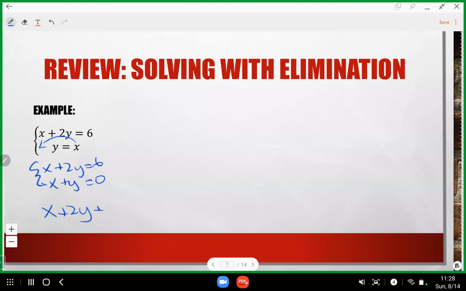If you add this side of the equation to this side, we also need to add this side of the equation to that side, because they're equal. If you add a value to one side, you have to add the equal value to the other side. But since x plus y is going to be equal to 0, you're still going to need to plug that in. You're going to add it to the other side. So let's do that.